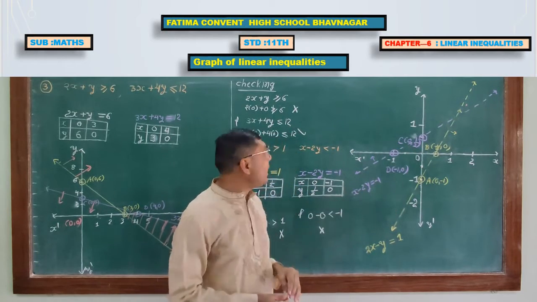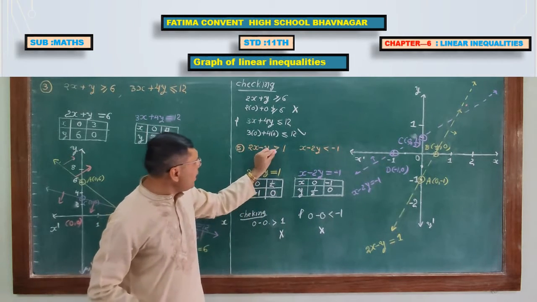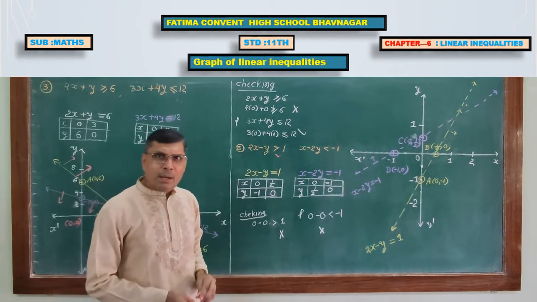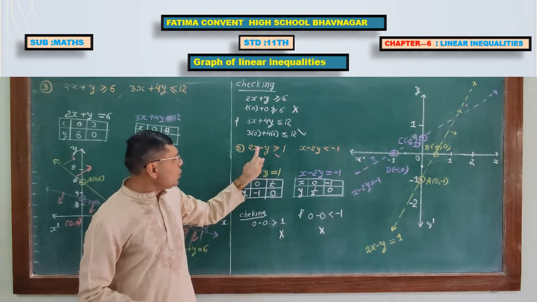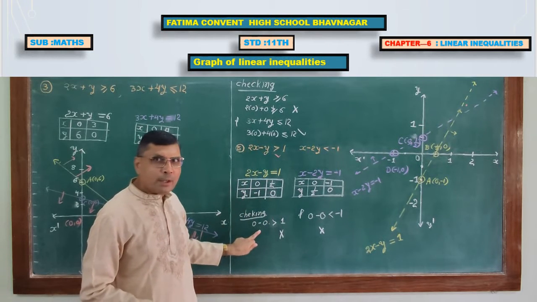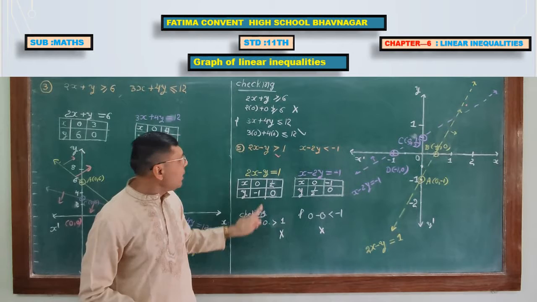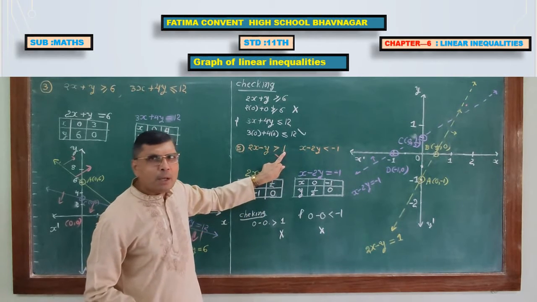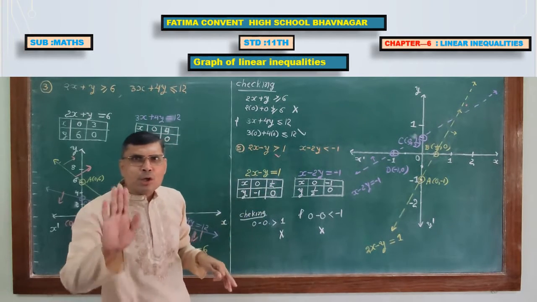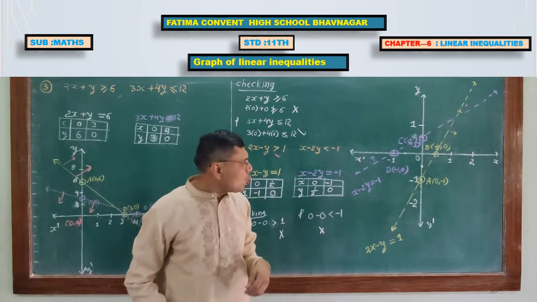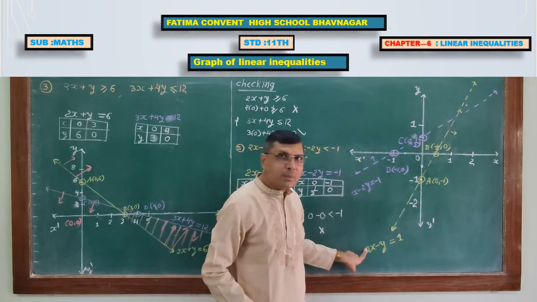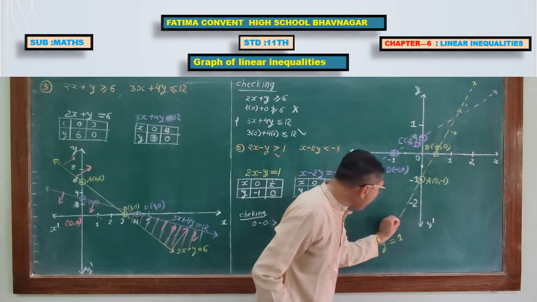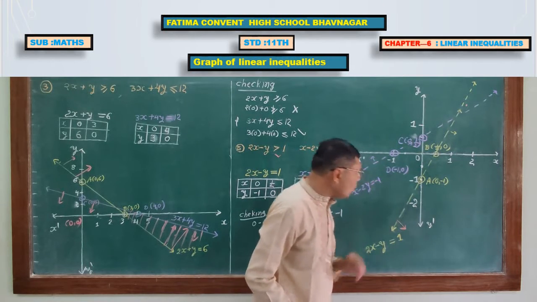Now I want to find out which area this represents. Put 0, 0, as I calculated over here. 0, 0, it cannot be greater than 1. It means 0 does not belong to my area. So for this yellow line, it will be this part, opposite to 0.